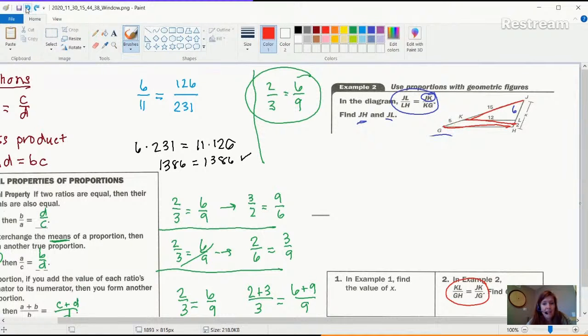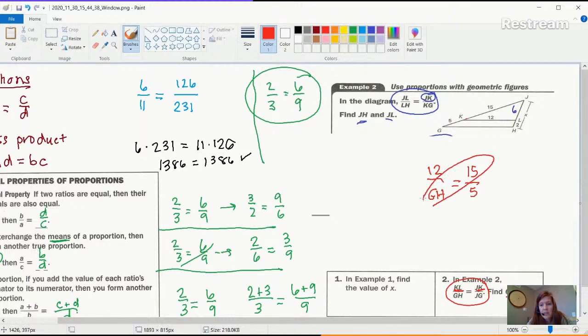So again, what I like to do is just take the proportion and plug in what I know. KL I know is 12. GH is what I'm trying to find. I don't know that. As to JK, which is right here, which is 15, to KG, which is 5, and voila, another proportion, right?